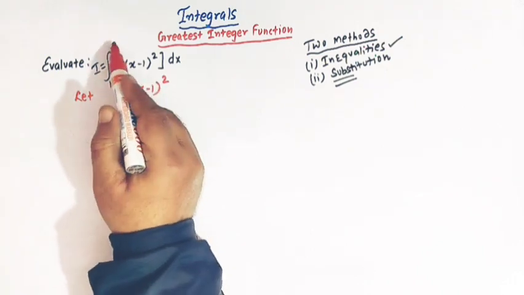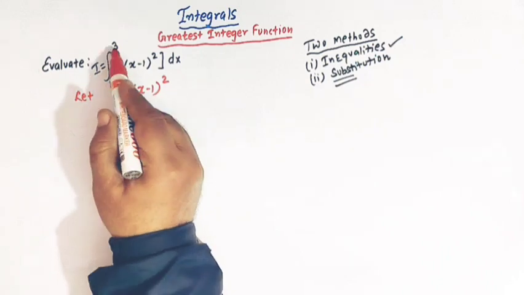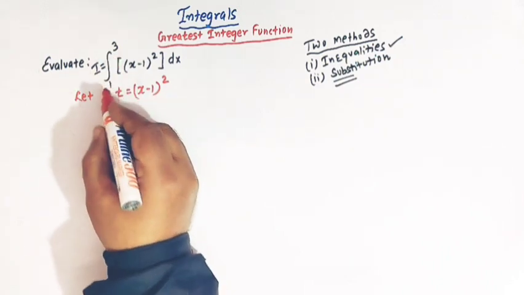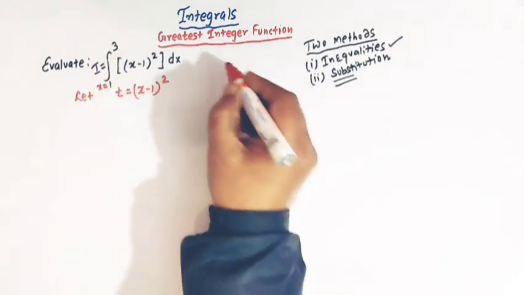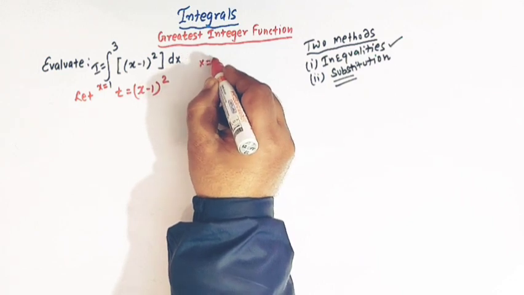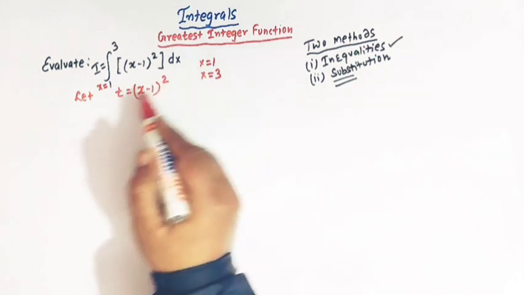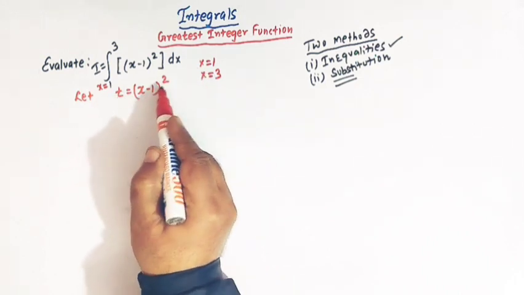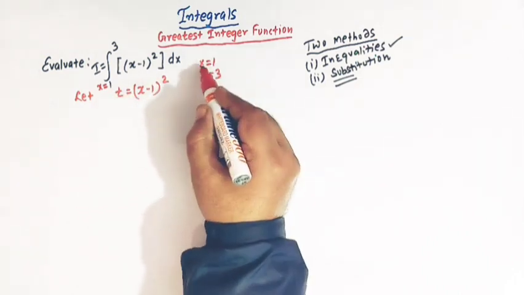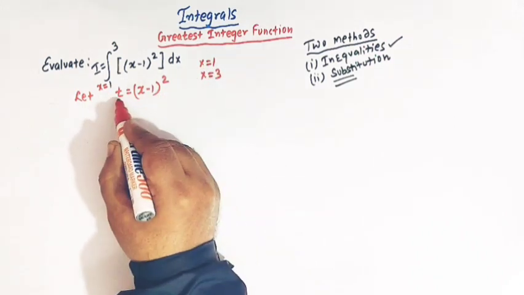Remember, the lower limit is 1 and the upper limit is 3, so x varies from 1 to 3. When t is equal to (x minus 1) whole square, we can calculate the value of t.